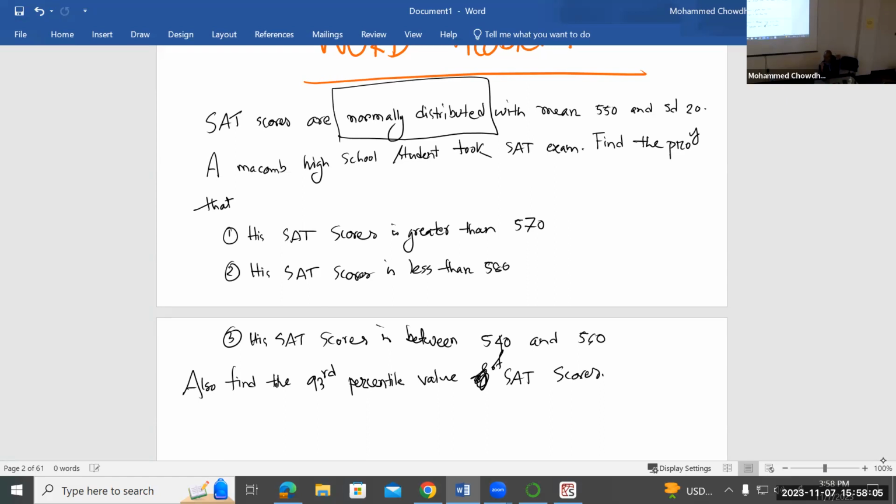But for the binomial, the geometric, the negative binomial, the Poisson, there is no mention. By reading the question, you have to understand whether to use negative binomial, Poisson, geometric or binomial. Understand?